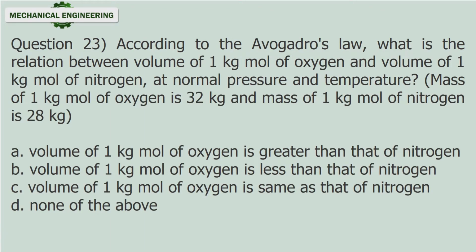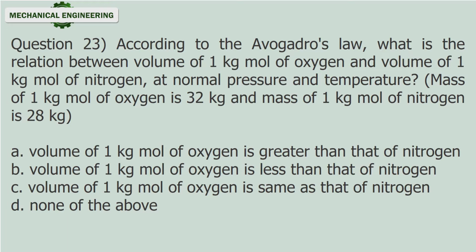Question 23. According to the Avogadro's law, what is the relation between volume of 1 kilogram mole of oxygen and volume of 1 kilogram mole of nitrogen at normal pressure and temperature? Mass of 1 kilogram mole of oxygen is 32 kilograms and mass of 1 kilogram mole of nitrogen is 28 kilograms. A. Volume of oxygen is greater than that of nitrogen.